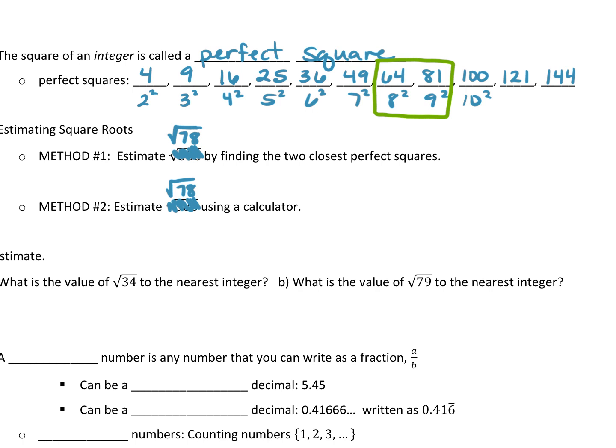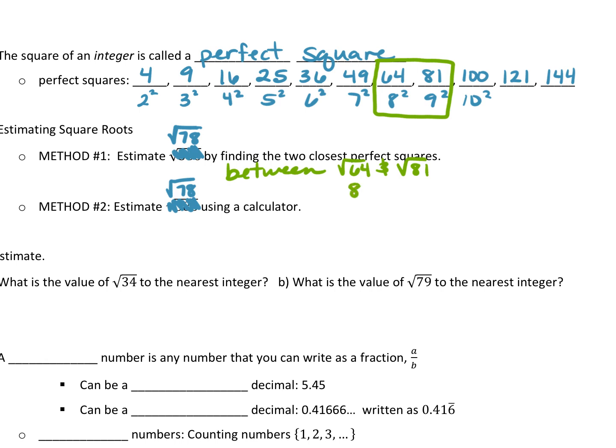64, 78, 81. Which one is it going to be closer to? The 81, right? It is closer to 81 than it is to 64. So if I was going to estimate this, I would say it's between the square root of 64 and the square root of 81.